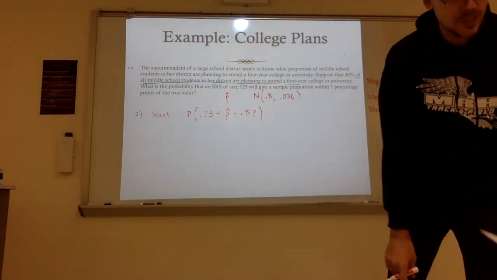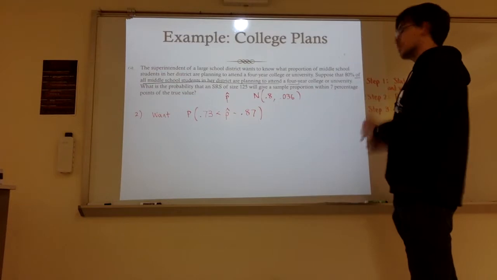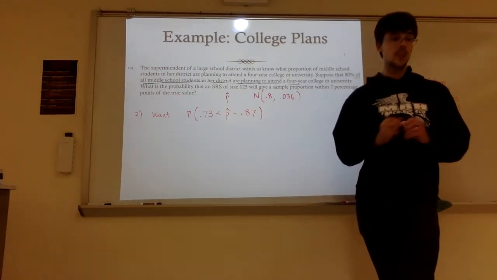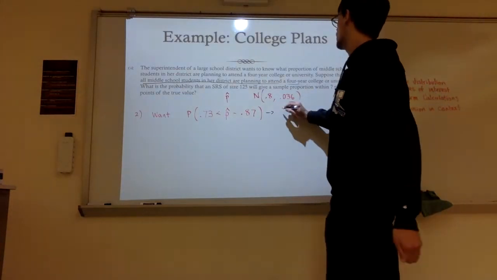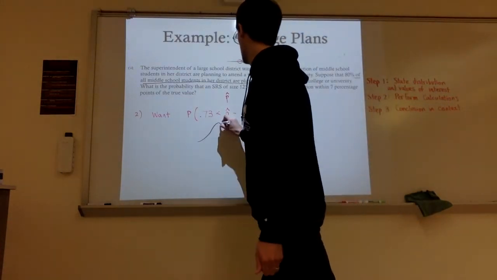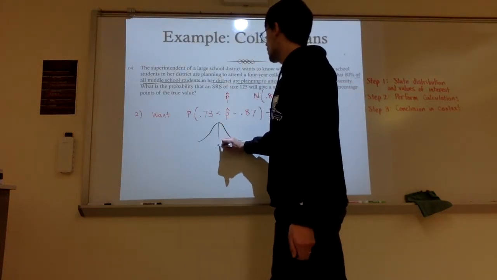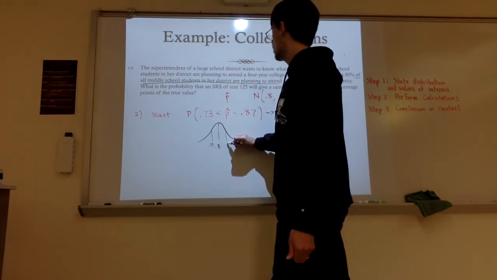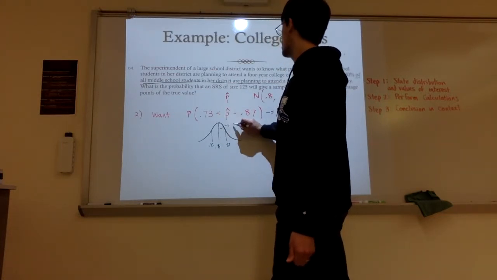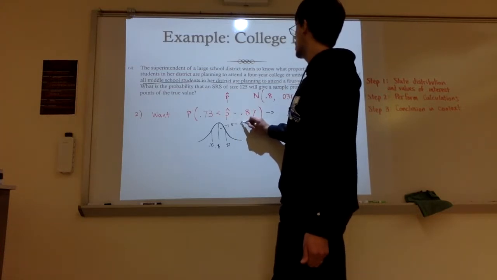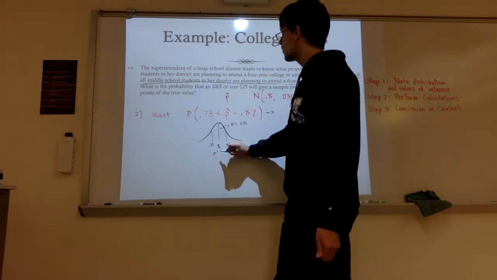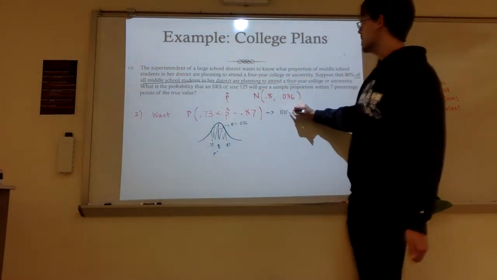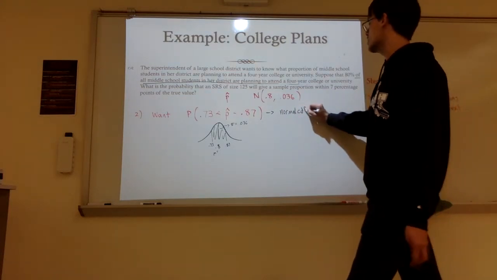In order to do that, now that we've established that the sampling distribution is approximately normal, we're just going to do something like we do in Chapter 2. You're just going to do a straight up normal CDF calculation here. So for this problem, we would want to have our quick picture. We have a mean of 0.8 in the middle. We're looking for the probability that we are between 0.73 and 0.87, with a standard deviation of 0.036. And then we're looking for the area in the middle right there. So we want to do normalcdf with our boundaries between two values.